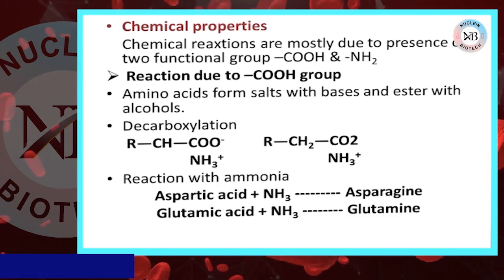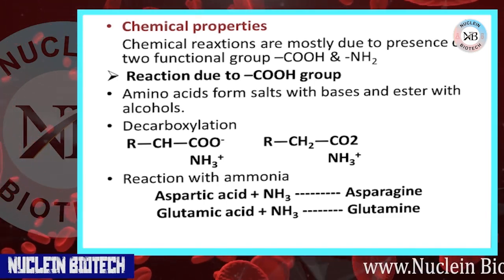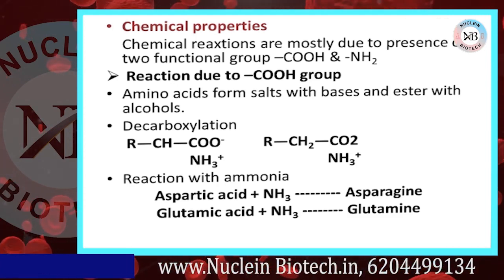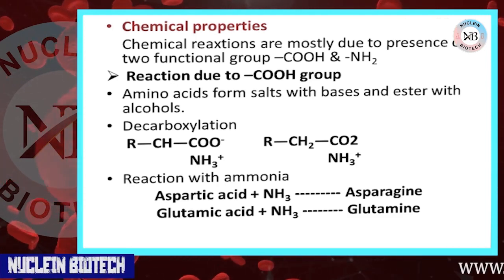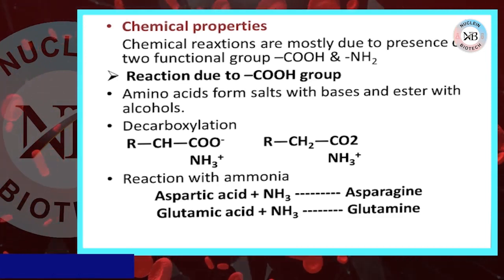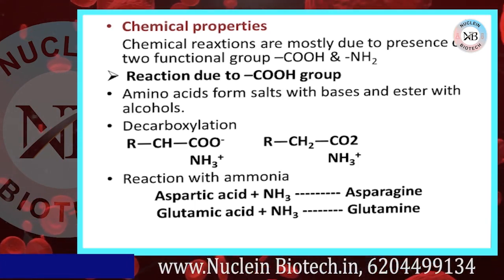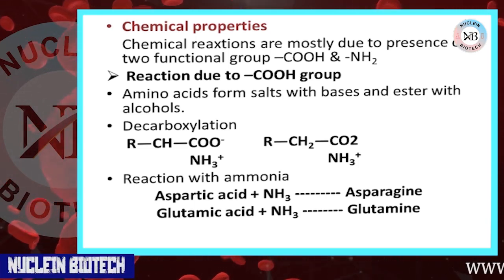Next is reaction with the carboxyl group of dicarboxylic amino acid, which reacts with NH3 to form amide. For example, aspartic acid when reacted with NH3 forms asparagine. Similarly, glutamic acid reacted with NH3 forms glutamine.